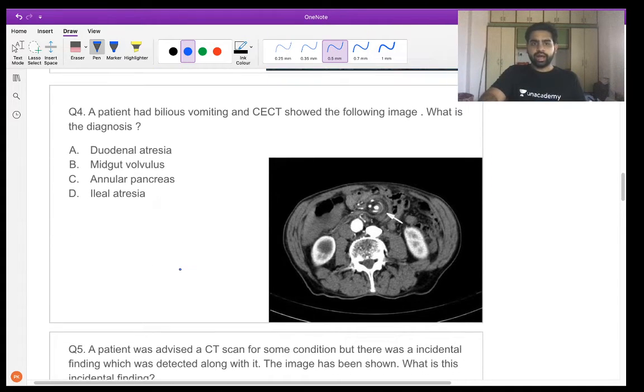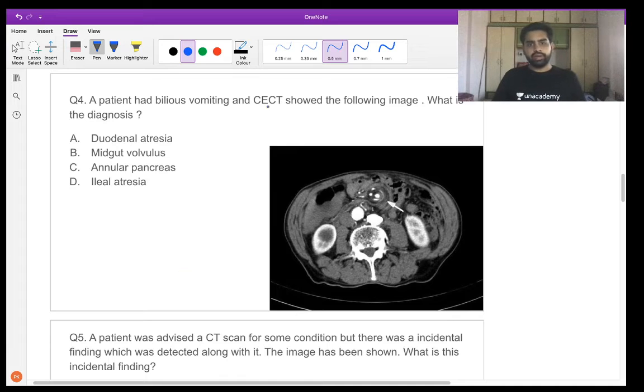So a patient has bilious vomiting and CECT has shown the following image. Now I want each one of you to answer, guys. Now this is something very important, so I want you to answer. So here you have a patient who is having bilious vomiting, and a contrast enhanced CT scan of the patient has been shown to you. So can you tell me what is the diagnosis of this particular patient?